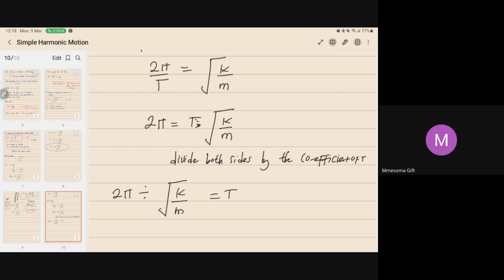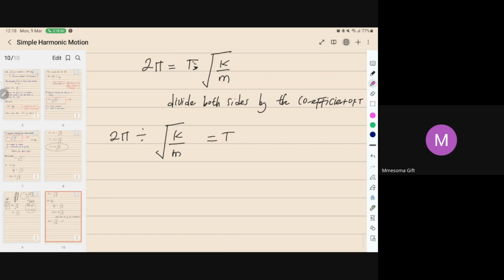Now, that said, young people, a over b divided by c over d is equal to a over b times d over c. You invert the denominator and change your division to multiplication. That's what you learned in maths back in secondary school, and that's what I'm going to apply right here. So therefore, you have that 2 pi times square root of m over k is equal to your period.